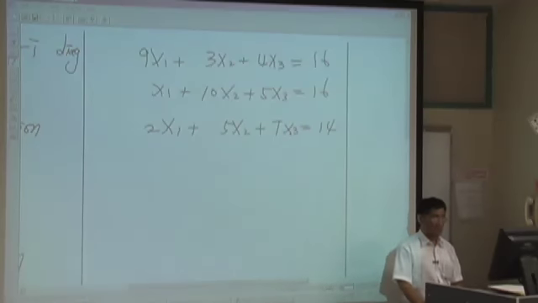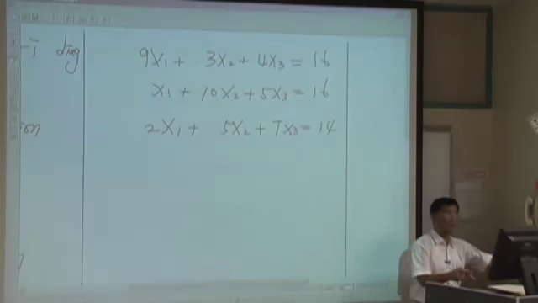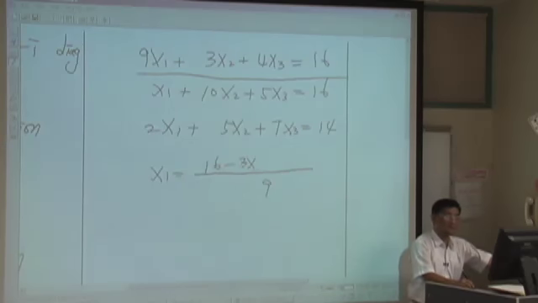Then let's do it. What kind of relation can you get from the first equation? x1 equals what? x1 equals 16 minus 3x2 minus 4x3. What about x2? x2 equals 16 minus x1 minus 5x3.